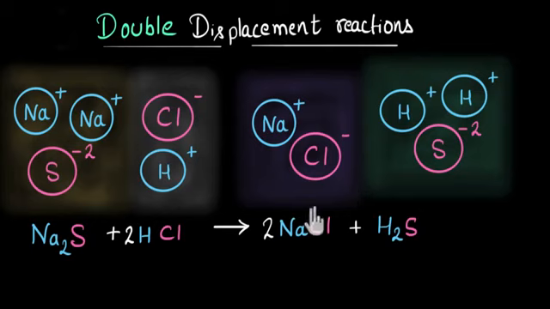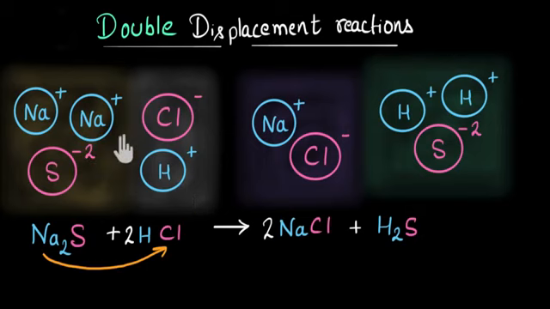So the first question is, can sodium exchange its position with chlorine instead of hydrogen? I want you to pause the video and think about this by yourself first. Now if you have tried, let's see. If sodium exchanges position with chlorine, that means that a molecule of sodium and hydrogen should be formed, right?